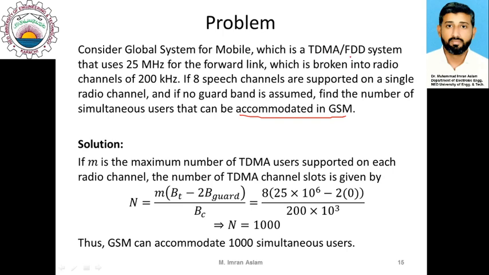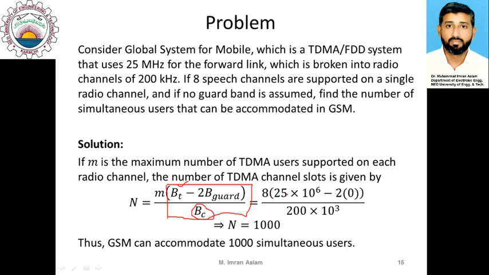So how many total users can be accommodated simultaneously in this type of GSM system? You can see that because this is frequency division duplexing, the frequency has to be divided into 200 kilohertz bands. If we think of only frequency division, this represents the number of frequency channels available, where BT is the total allocated spectrum, B guard is the guard band, which is 0 here because we do not have any guard band, and BC is the required bandwidth for an individual channel.